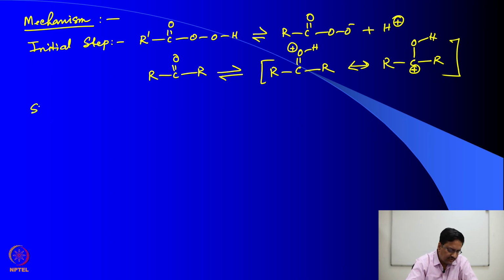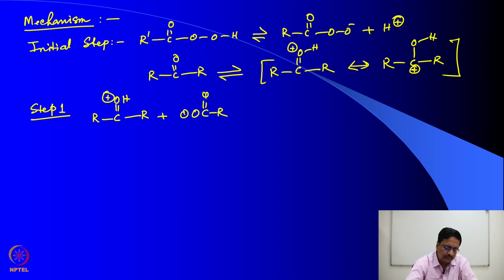So, then in step 1, this adduct reacts with the peroxy anion such that the anionic part attacks the electron deficient carbon and the C double bond O breaks to form this reaction intermediate.